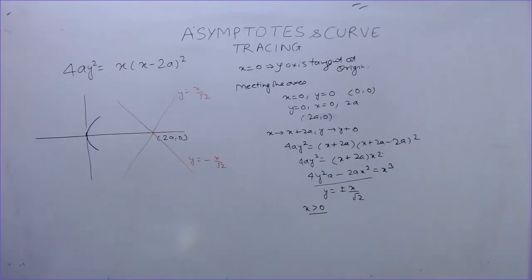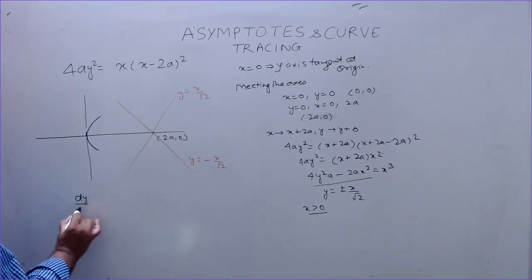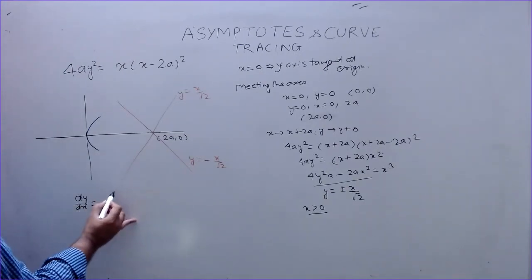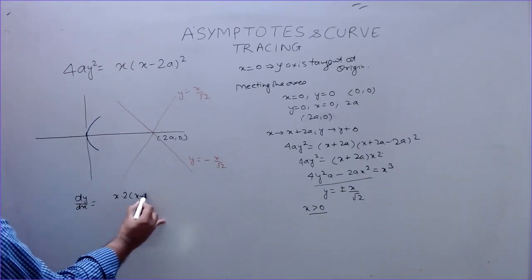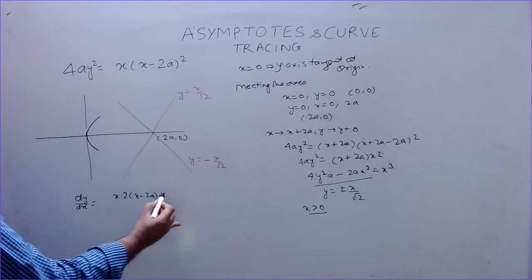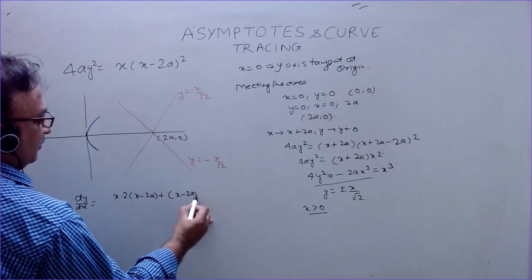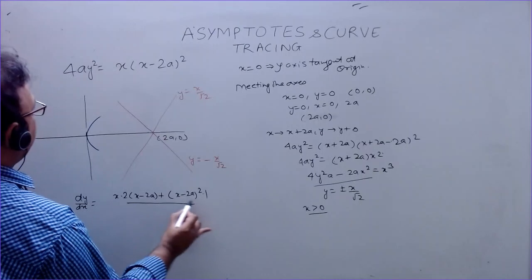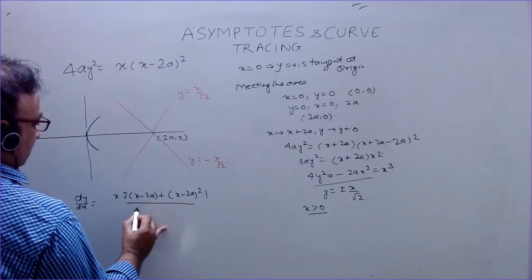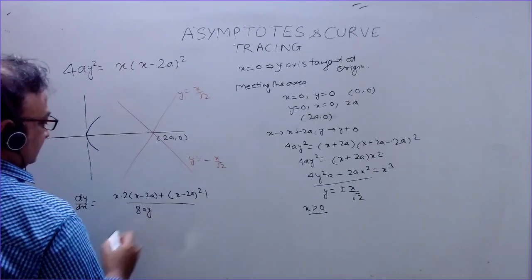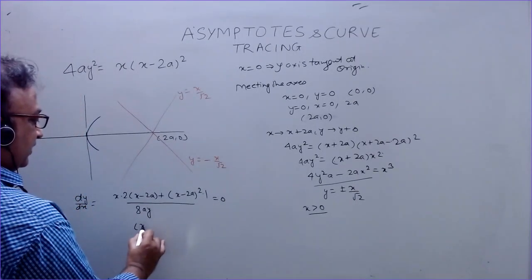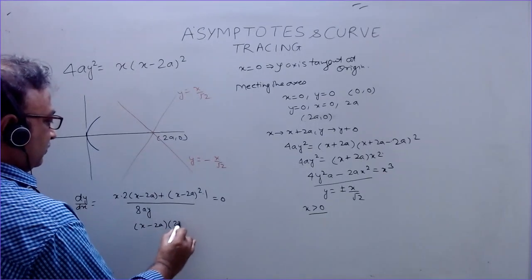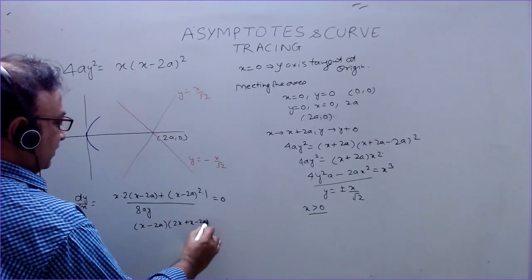And then find dy by dx equal to x into 2x minus 2a plus (x minus 2a) whole square into 1, divided by 8ay, and equating this to 0, we get (x minus 2a)(2x plus x minus 2a) equal to 0.